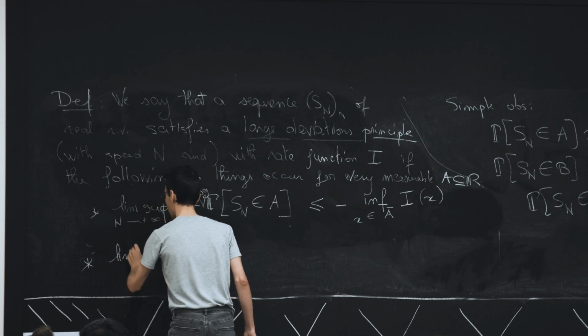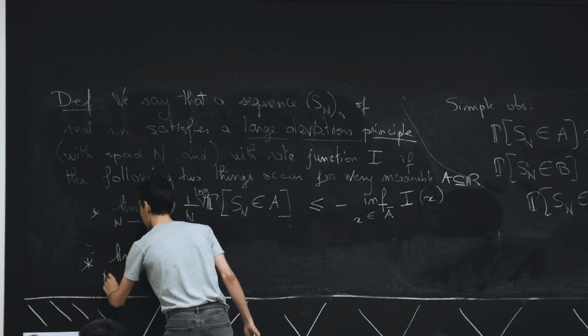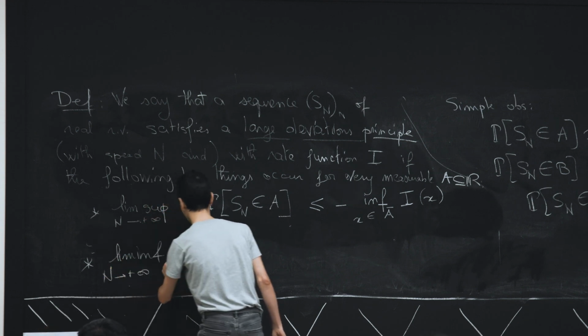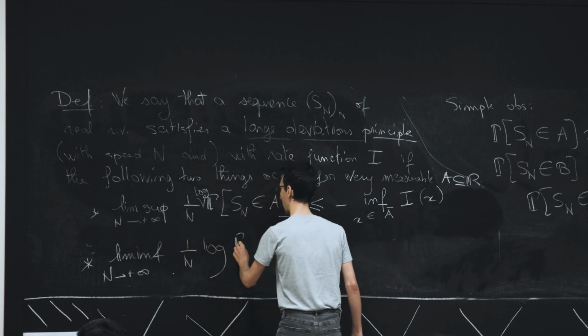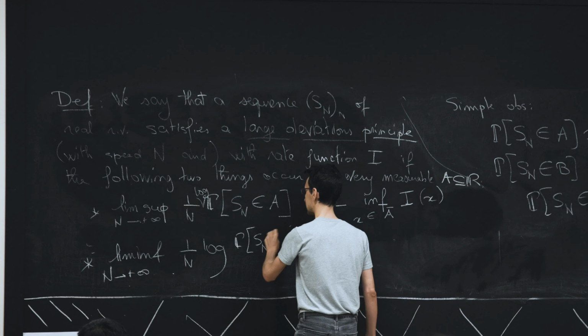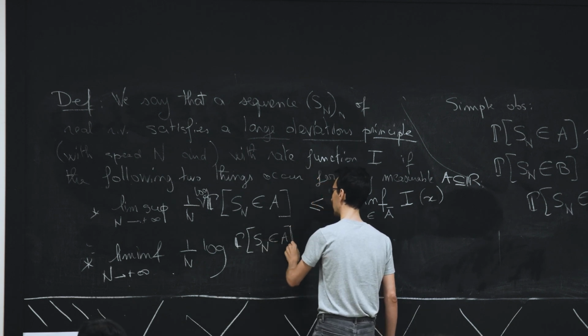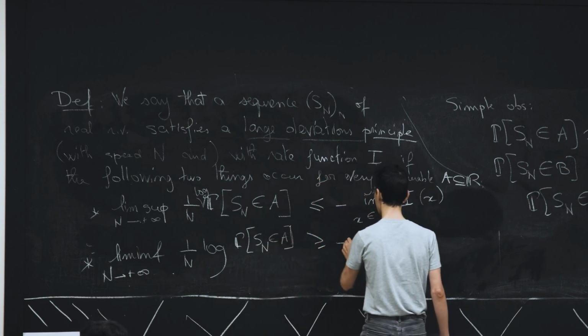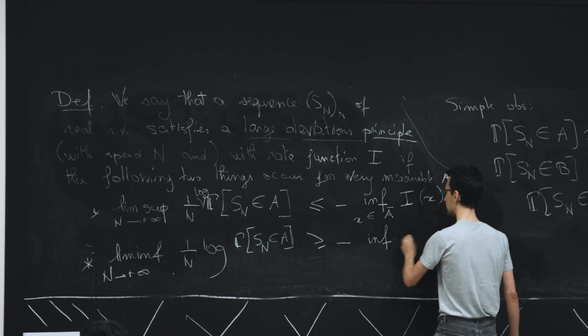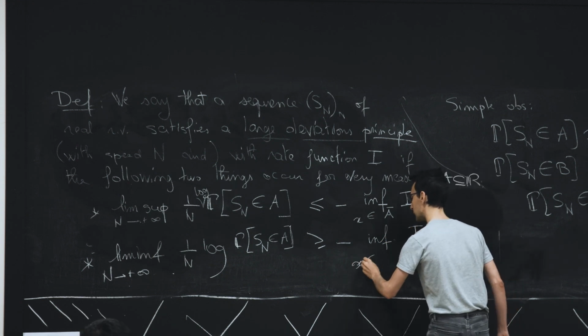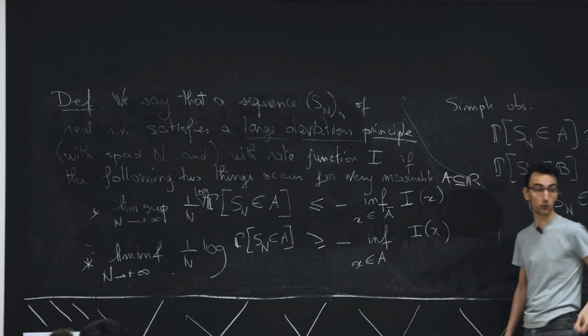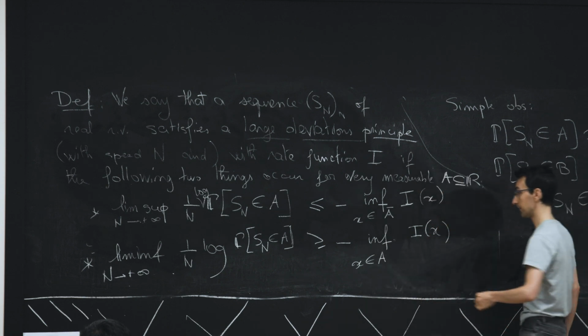And now the lower bound. This time I'm going to write the log directly without messing it up. 1 over n log probability Sn belongs to A. We're going to ask that this is greater than minus the infimum of this same function I of x. And again, just to be sure, instead of just taking A, I'm going to look at the interior of A here.